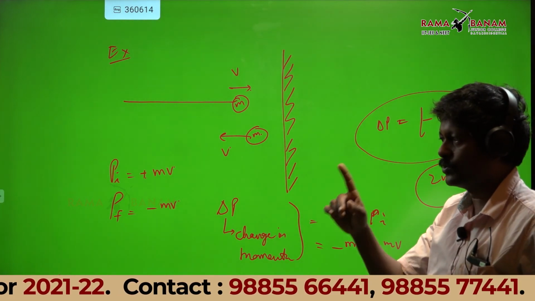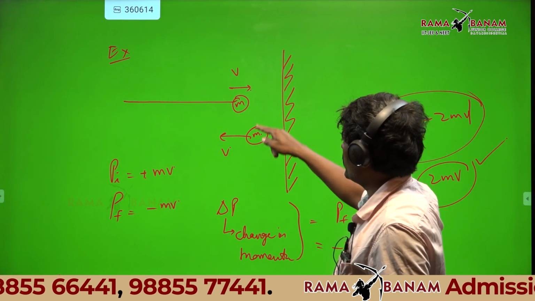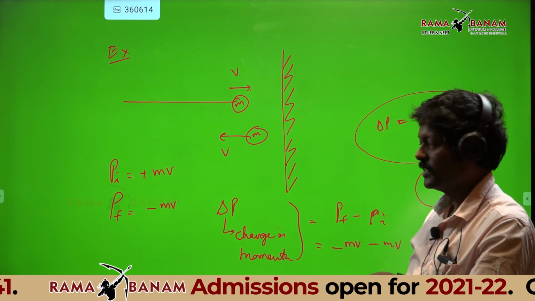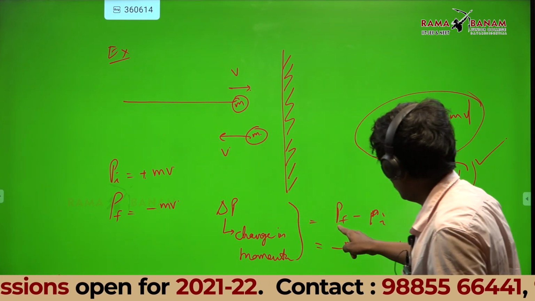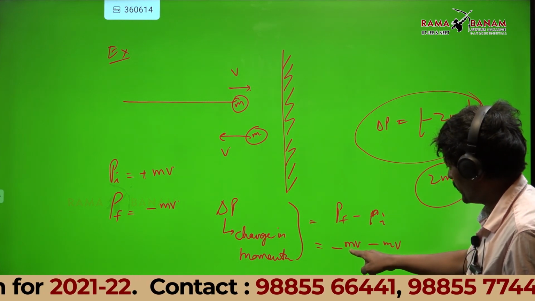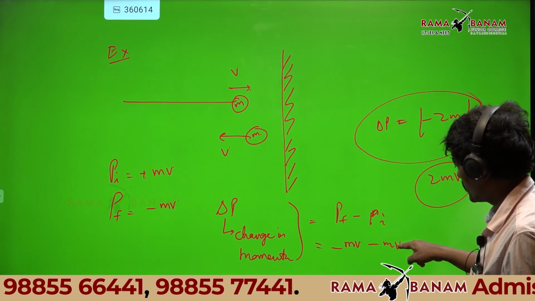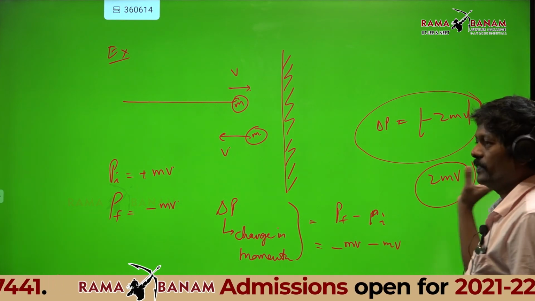Always remember, all of you will think mv minus mv is 0. No, momentum is a vector. If this is positive, this will be negative. Final minus initial: final is minus mv, the minus sign is in the formula, initial is plus mv, so minus 2 mv, and the magnitude is 2 mv.